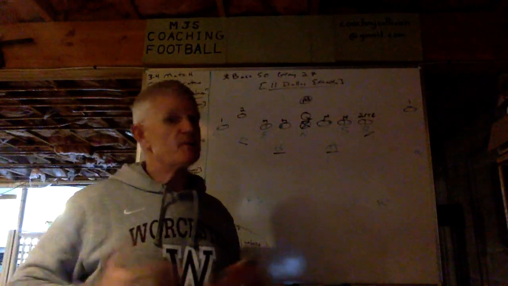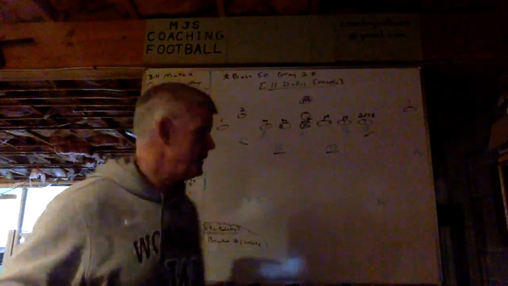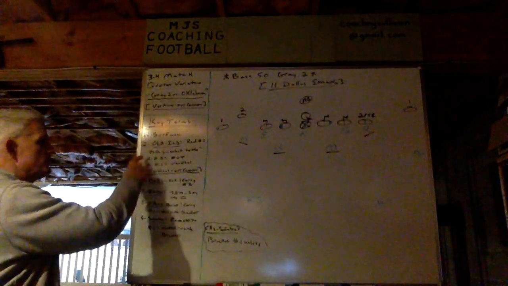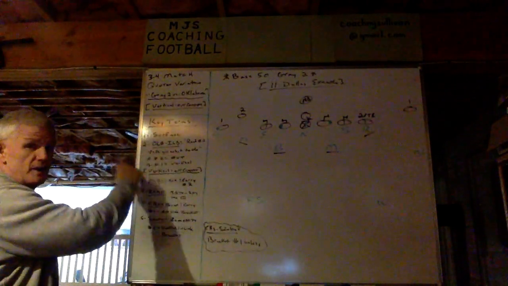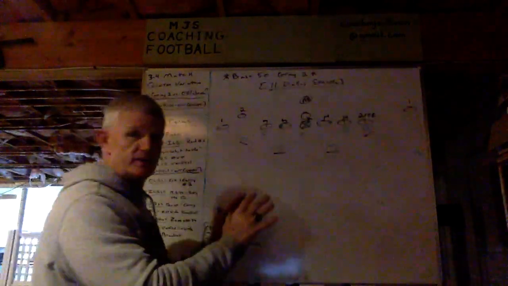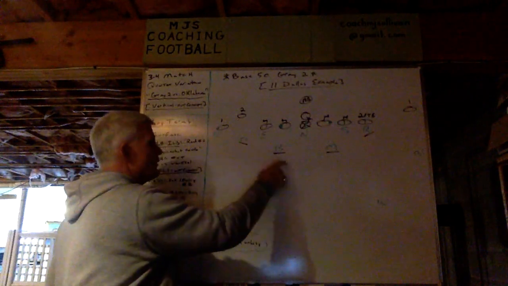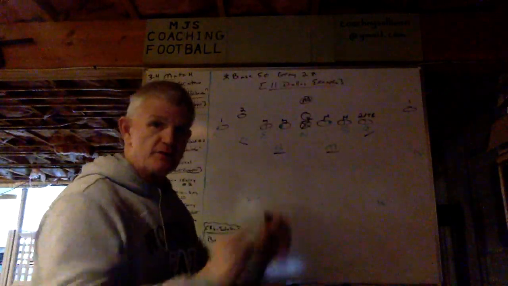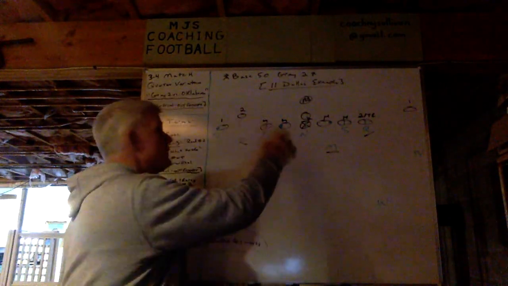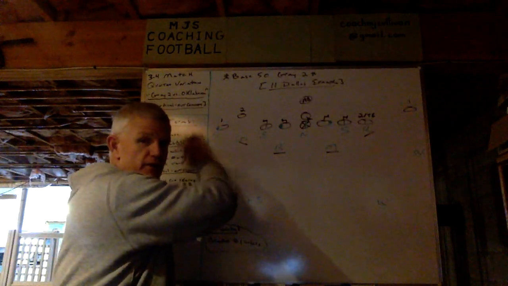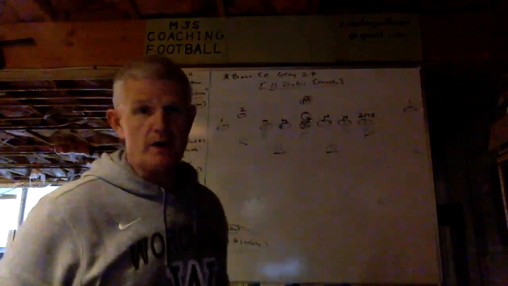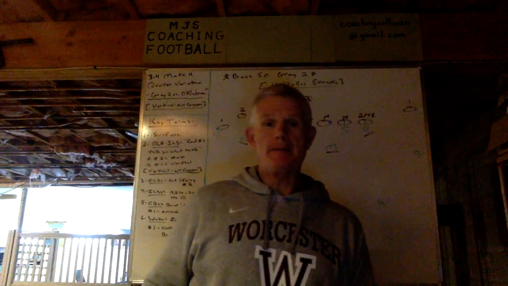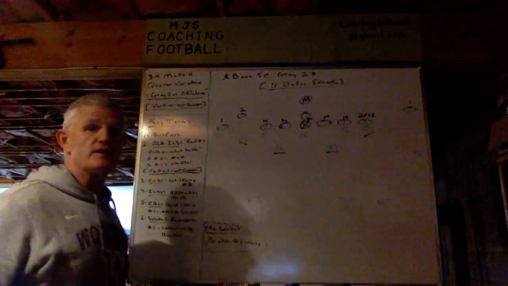It's effective, I'm a big believer in rhymes. So number 2 does an out, number 1 does a vertical. When we get to the diagram, both inside and outside linebackers react to 2, and then depending on what 2 does, they also have to read number 1. I'll bring that to life in the diagram.